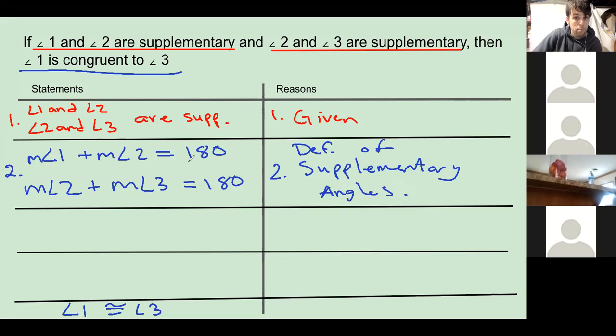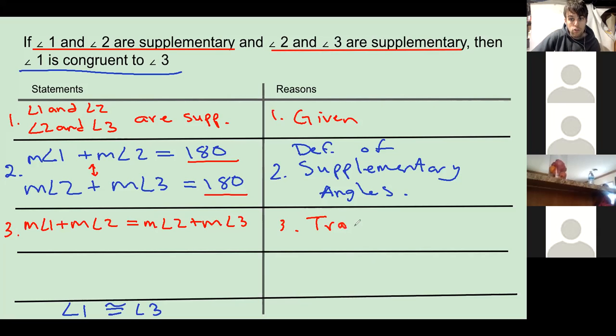Since both of these two relationships equal 180, then I can set these two sides equal to each other by the transitive property. I can say measure of angle 1 plus measure of angle 2 would have to equal the measure of angle 2 plus the measure of angle 3, since they both equal 180.